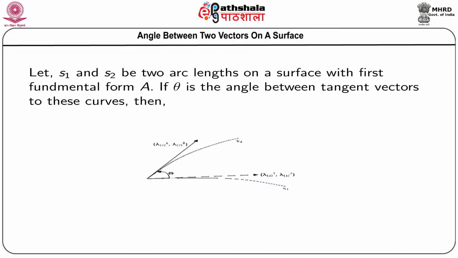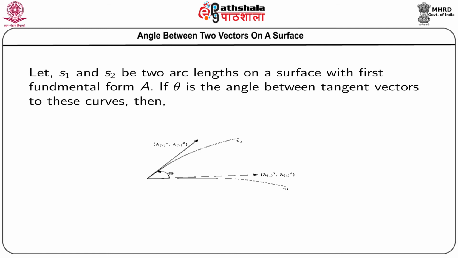Now, let us consider two arc lengths on a surface denoted by S1 and S2 with first fundamental form A. So, for a particular type of surface, the first fundamental form is unique. So, it can be expressed as ds² = a_αβ du^α du^β.